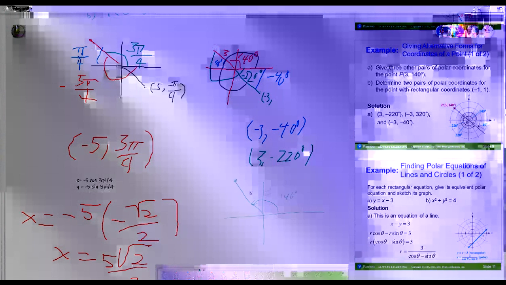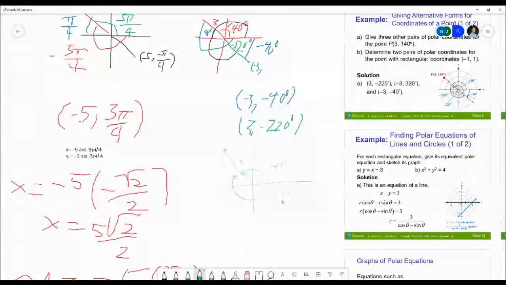And this point right here, let's say this is 3. So we can go in the opposite direction. That would be a negative theta, and that's going to be negative 220 degrees. So we can have negative 220 degrees and a positive 3. So that would give us the first one here.